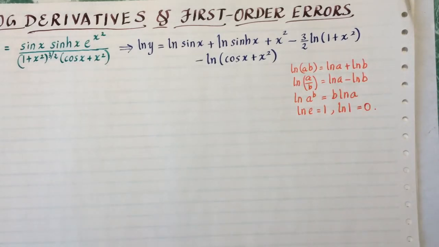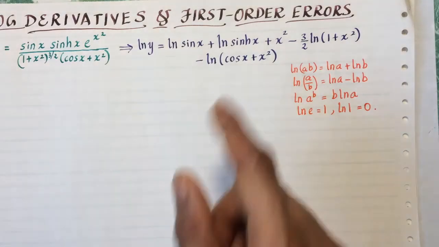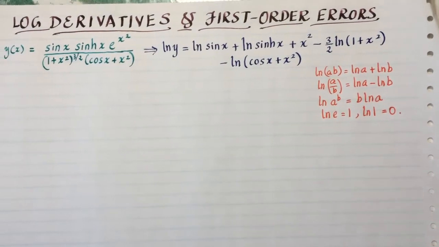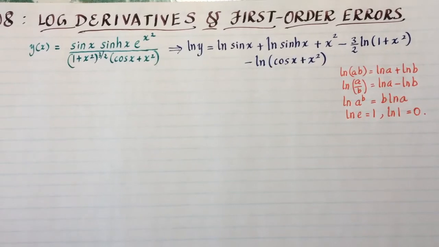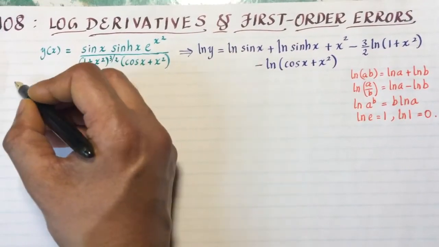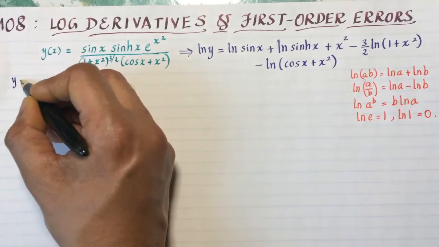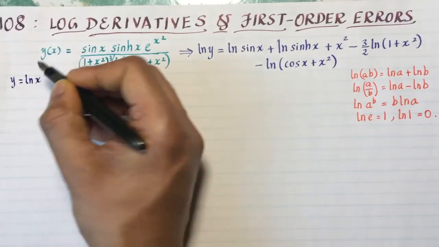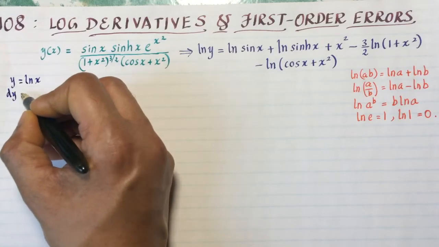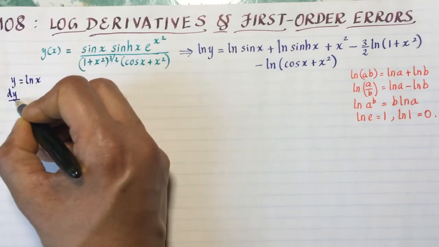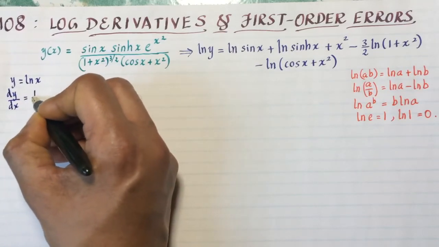So once you have these basic properties of logarithms, you can now go ahead and differentiate. The other thing you know about the derivative of a logarithm is 1 over the function. So if you have just on the side, if you have y equals ln x, then dy by dx is 1 over x.